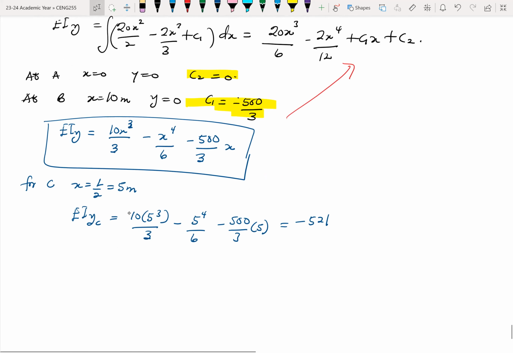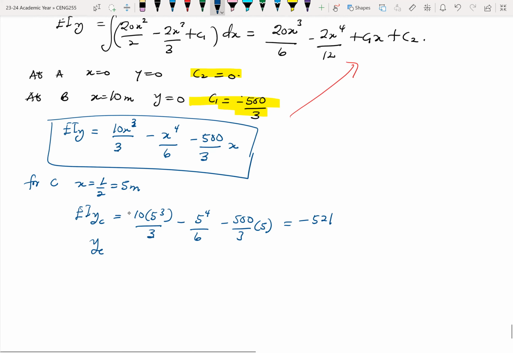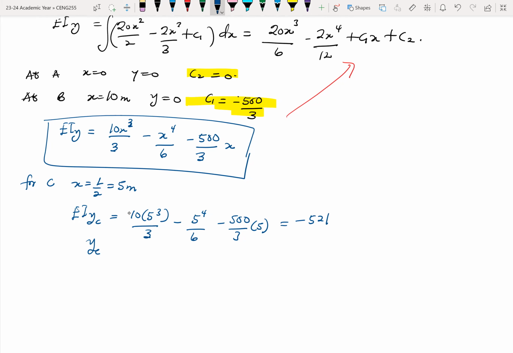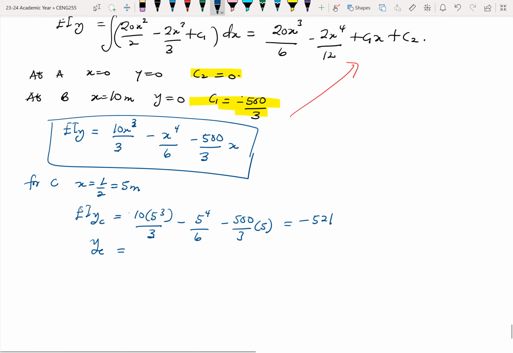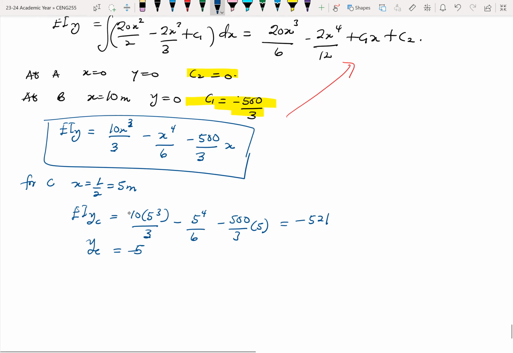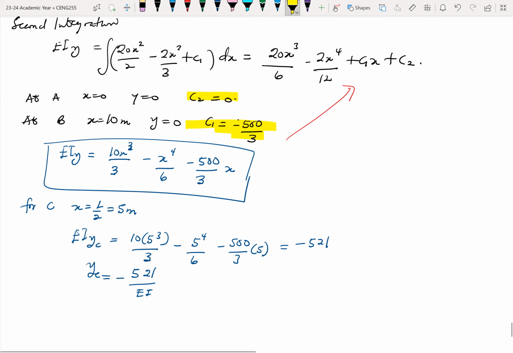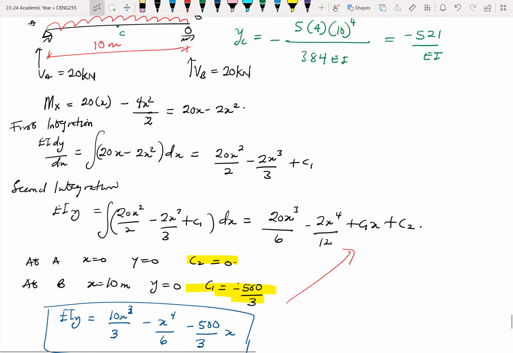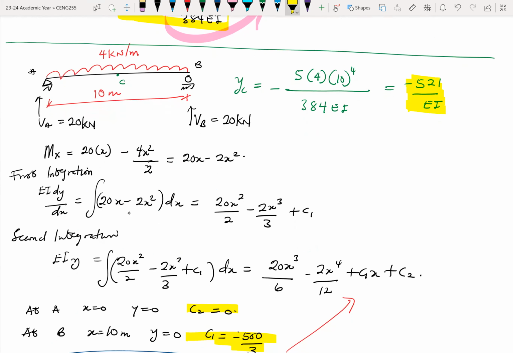All right, so it means that my yC will be equal to minus 521 over EI. So this answer here is the same as what we had from just putting the values into the previous equation.